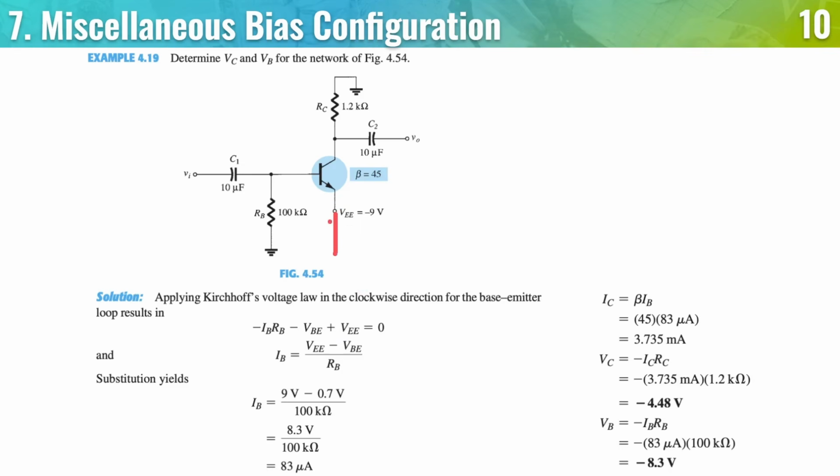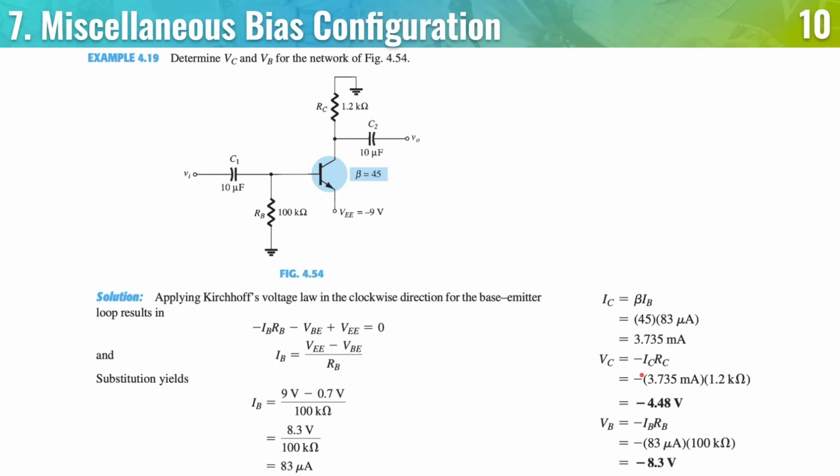VEE minus IBRB minus VBE is equal to 0. So just rearrange that and solve for IB. You already have VEE, VBE, and RB. So just substitute that and you should get IB is equal to 83 microamperes. Substitute that into IC is equal to beta IB and you get 3.75 milliamperes, or just 3.8.